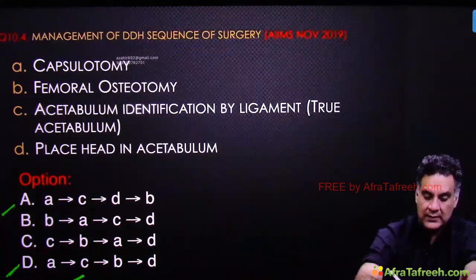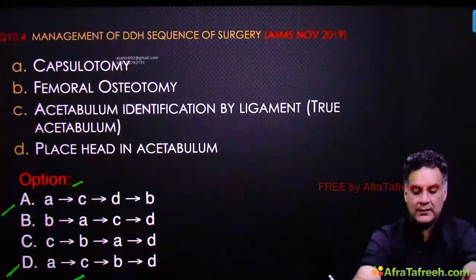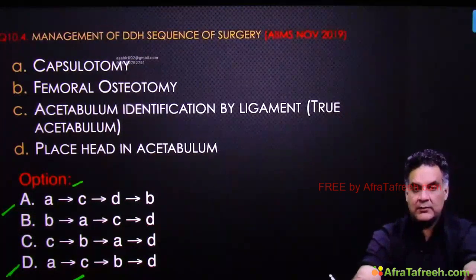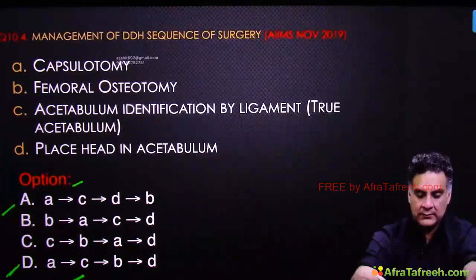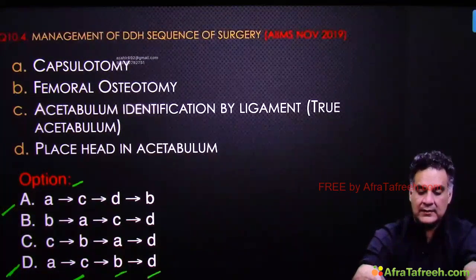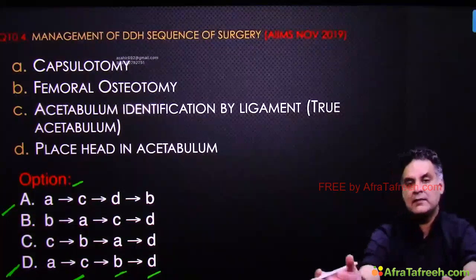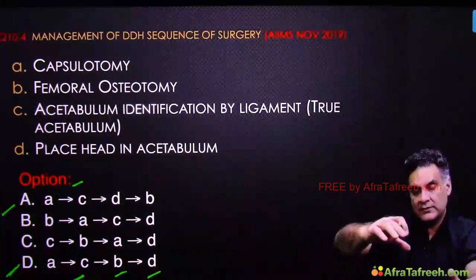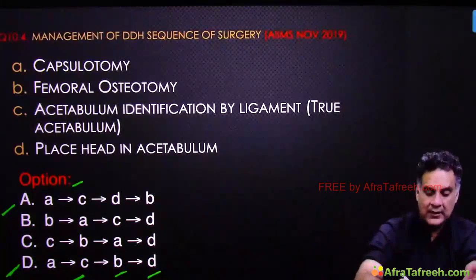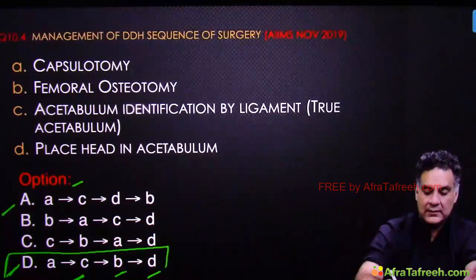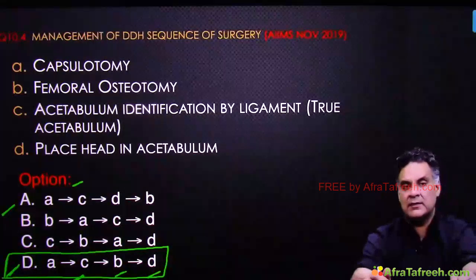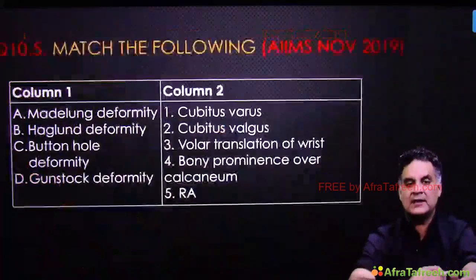So in both, the second point is same. Third, femoral osteotomy. So B. And last is the head in acetabulum, because once you cut the osteotomy femur, then only you can put it right. So the answer here is capsulotomy, identify the acetabulum, cut the femur, get the head inside.